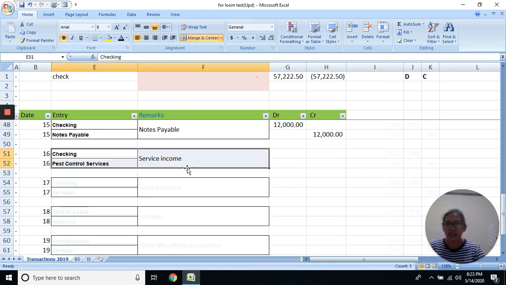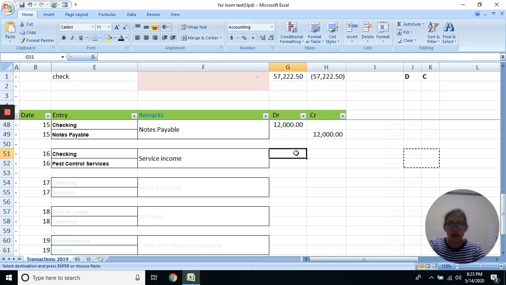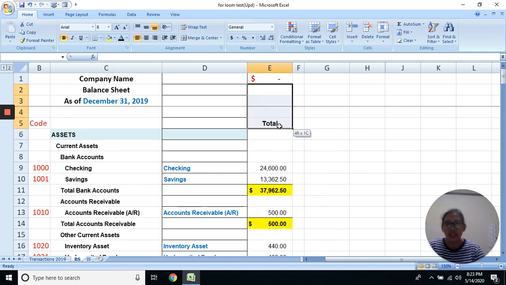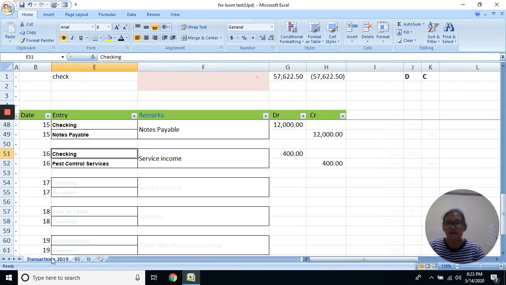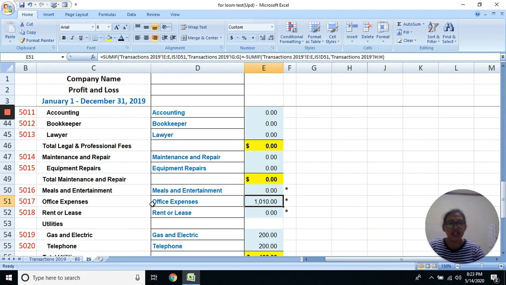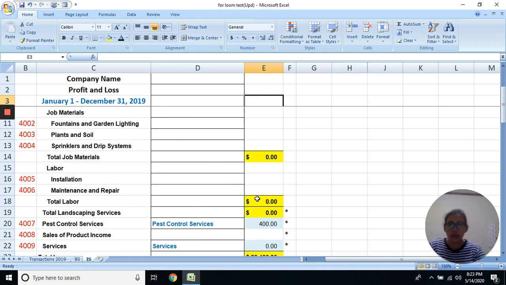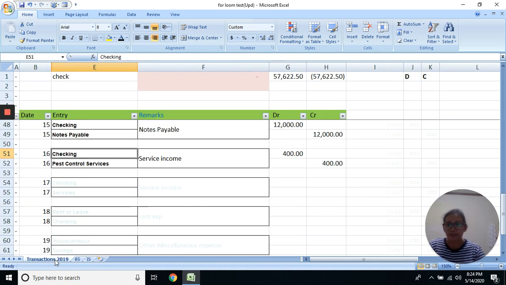Another transaction, we have an income amounting to 400 US dollars on our pest control services, which the fund we deposited to our checking account, which resulted in an increase on our checking account by 400, and an increase in our income on pest control by 400.